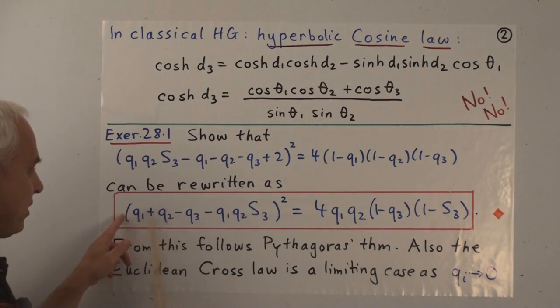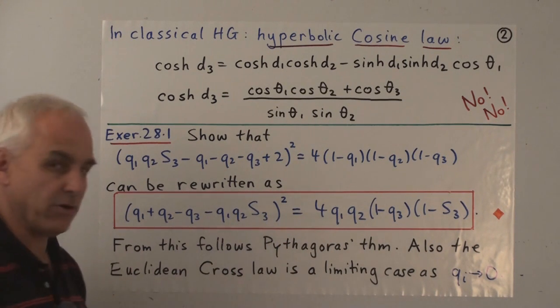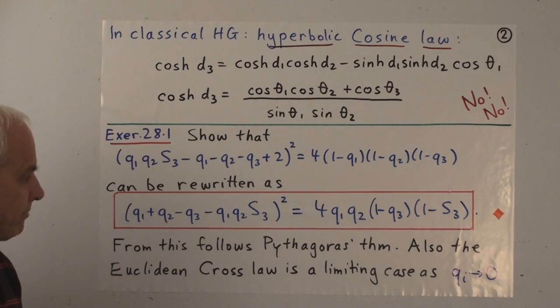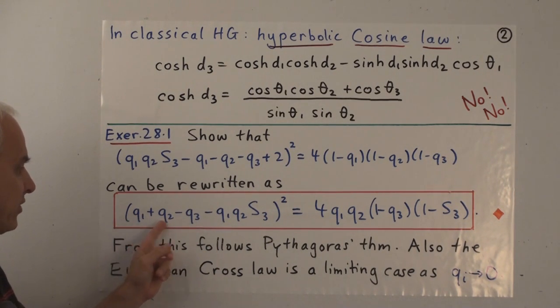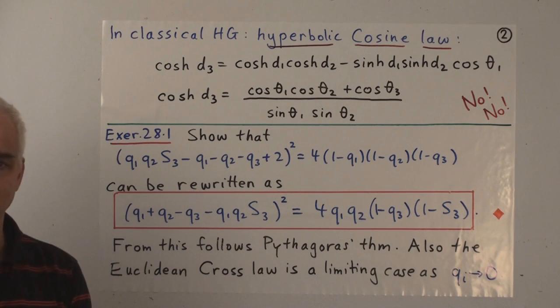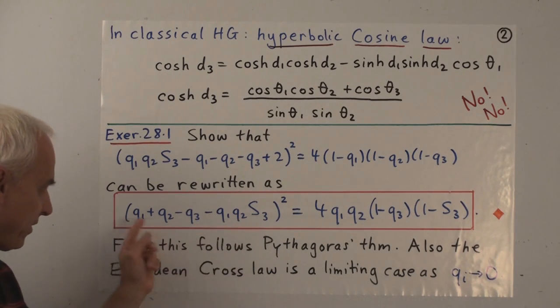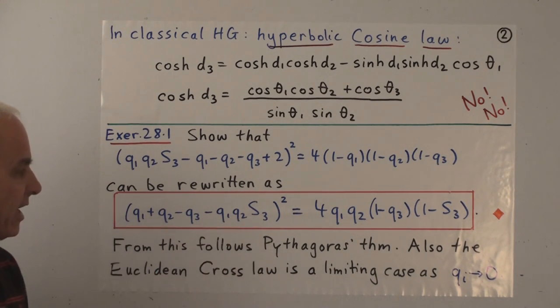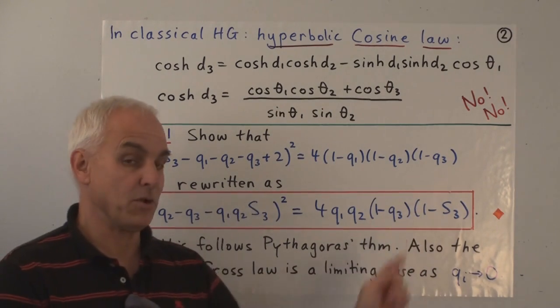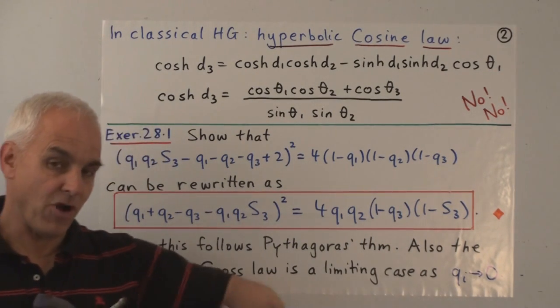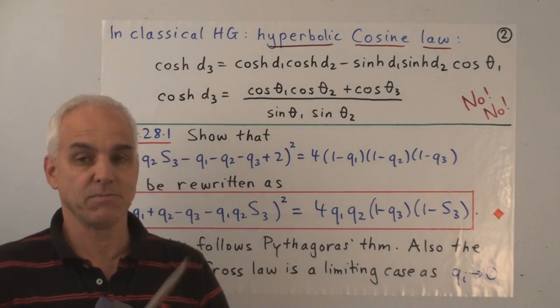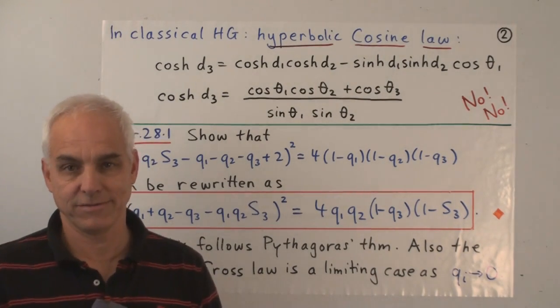And that means that what's inside the brackets here must be 0. And if S3 is equal to 1, then that's giving us the relation that Q3 equals Q1 plus Q2 minus Q1 times Q2. So exactly Pythagoras is coming out when S3 is equal to 1. So the cross law has Pythagoras' theorem inside it as a special case.